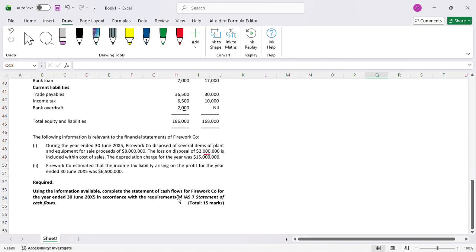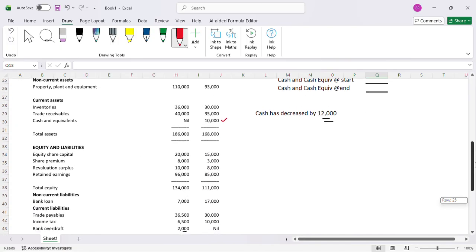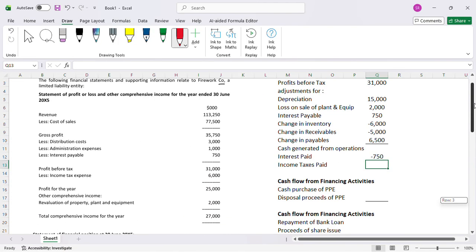What are we told? Firework Co. estimated that the income tax liability arising on profit for the year ended 30th of June 20X5 was 6.5 million.